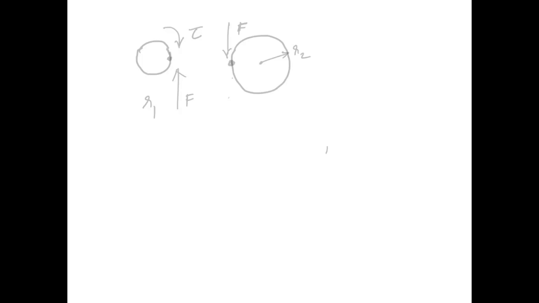Now the key concept whenever you analyze gears or two bodies in contact is that at the point of contact, the velocity should be the same.